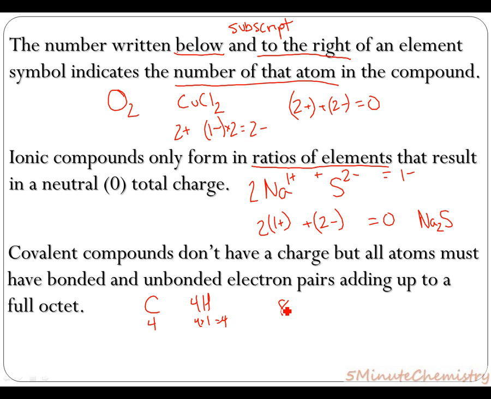What I'm going to do with these 8 valence electrons is start with my central carbon, surround it with the 4 hydrogens, and show the bonds. 2, 4, 6, and 8 bound electrons, no unbound electrons, leaving me with 0. The Lewis structure is correct, the bonds are all correct, everyone has a full valence shell, and the formula with a carbon and 4 hydrogens would be C with H, and to indicate there are 4 hydrogens, it's CH4.